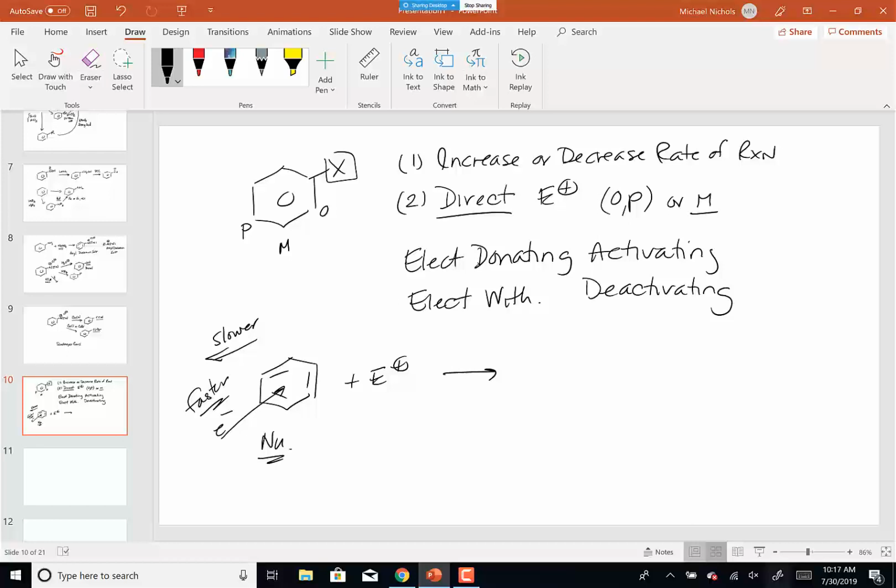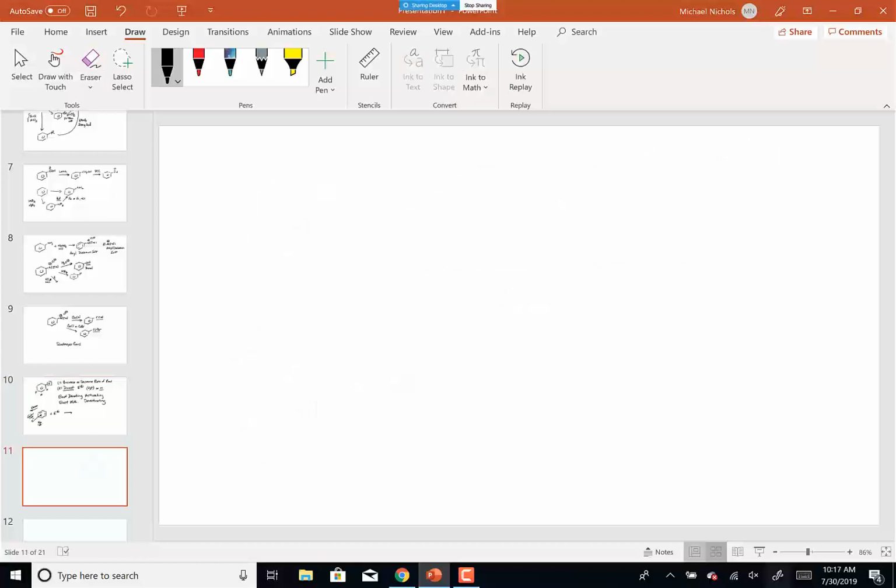So what we need to do now is we need to make a chart.